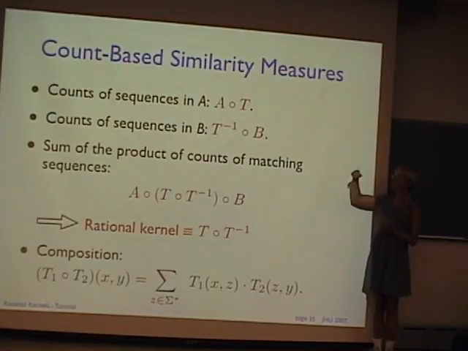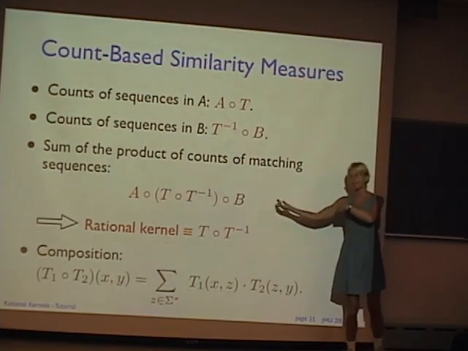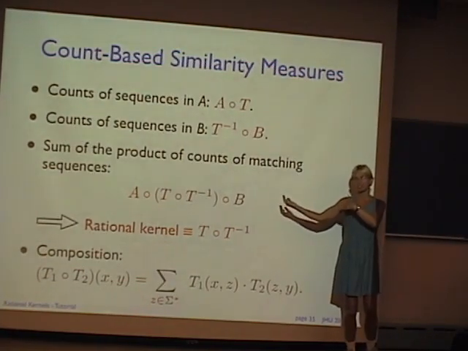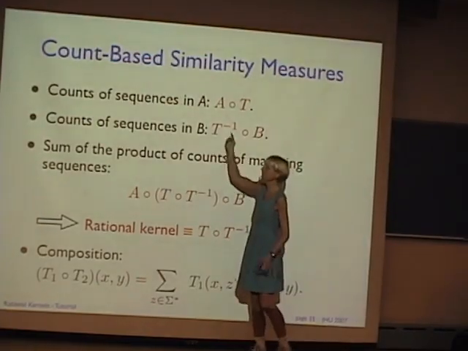So we can apply the transducer I showed you before for counting the bigrams to the input string A. Now we wanted to have a similarity measure between 2 strings A and B. So if we want to apply T to the string B, that's the same as swapping what is input and output for the transducer. That's what we represent as T minus 1.